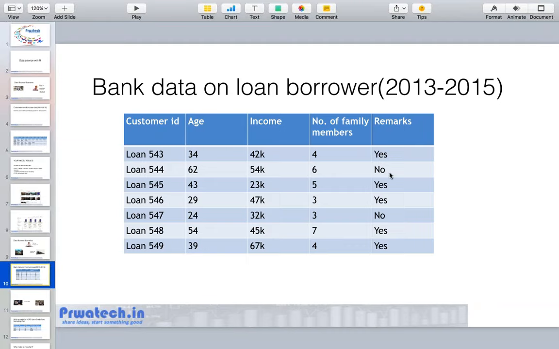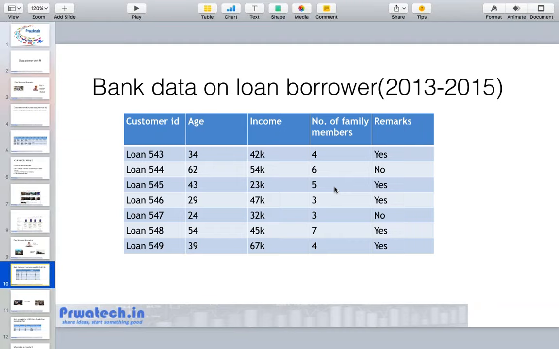Otherwise, if the bank couldn't recover the loan amount from that customer, then it is no. Like that, this data set is available to you. It is the existing data set provided by the bank, and from that you have to make a model that will be useful for the bank's future decision making.